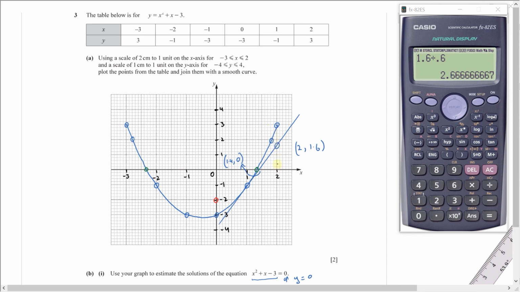So 2 and 2 will be this point. So now I can join these 2 points to get the straight line. So this will be your straight line for the equation y equals to 2x minus 2.